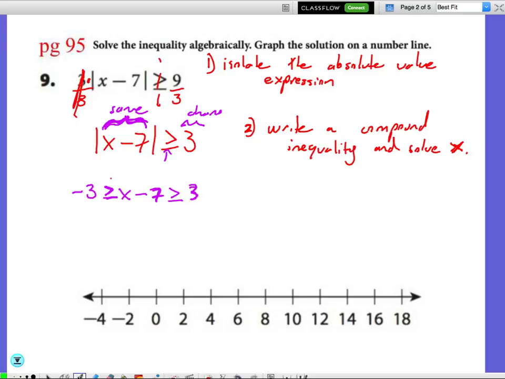So again, just like in lesson 2.2, when we're solving absolute value equations, this is going to stay the same, but I just have to write that once. And this is where the sign changes. The other side, which is 3 on the right side and negative 3 on the left side. And I'm going to use this inequality on both sides, right here, right there, and right there.